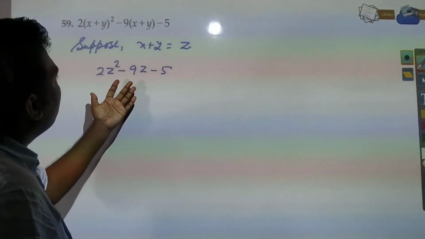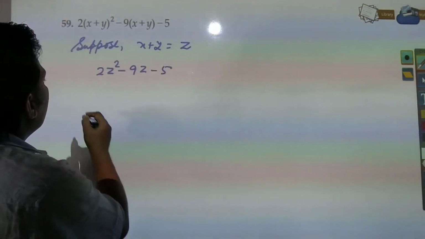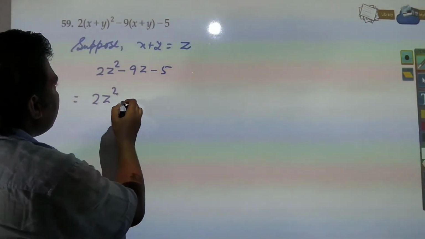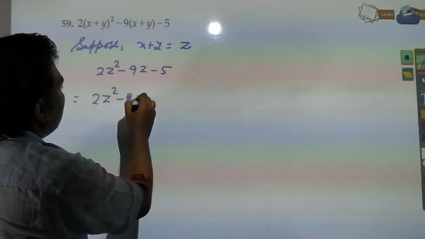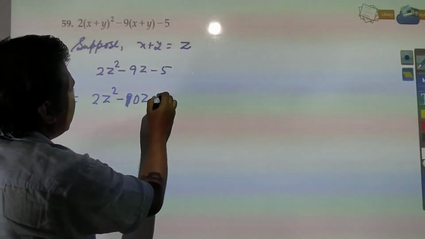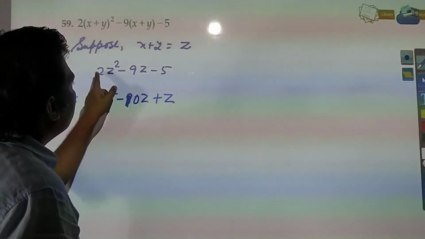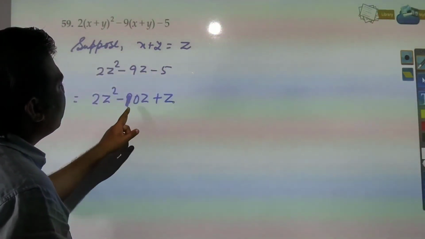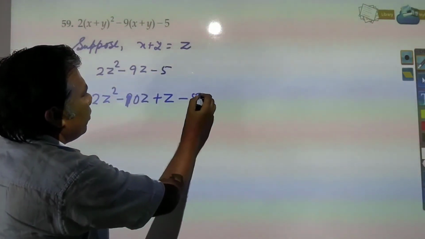Now this is required to be factorized. So what will you get? 2 × 5 is 10, so it can be written as 2z² − 10z + z, because 10 × 1 is 10, and −10 plus 1 gives −9, then −5.